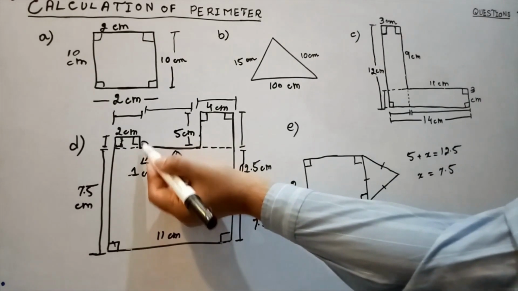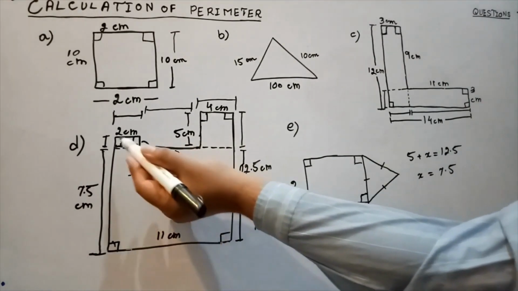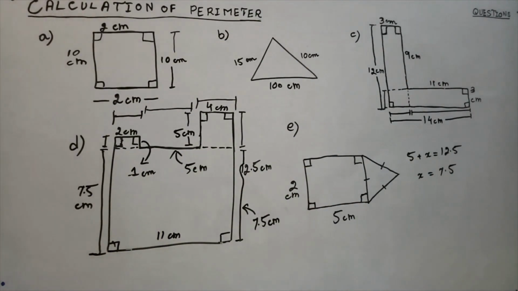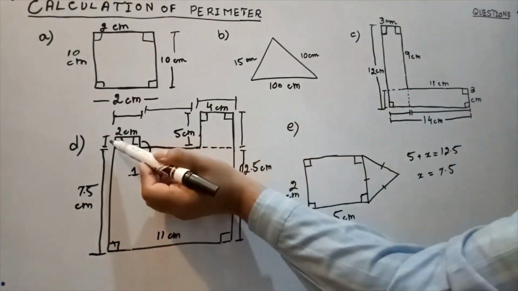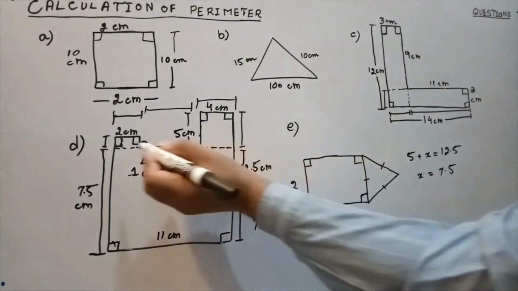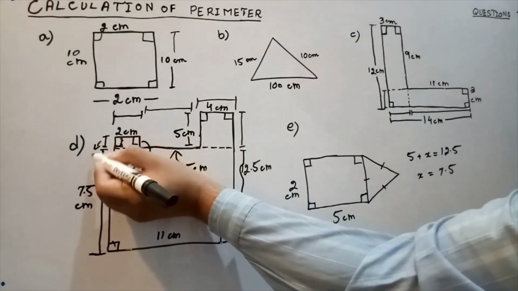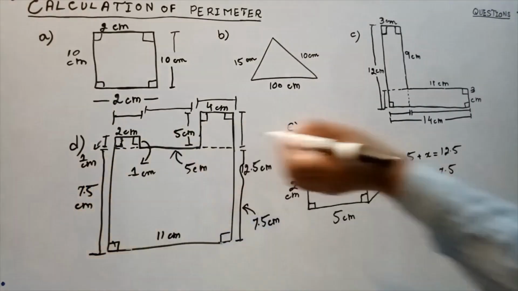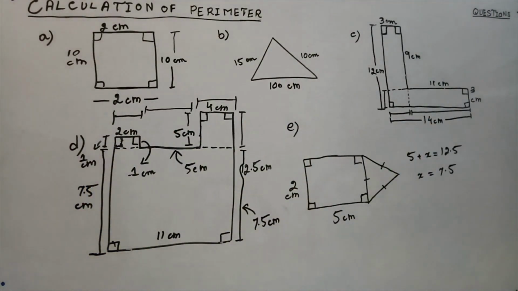So if this one is 1 centimeter, the opposite length will also be 1 centimeter. Clear? Let me write it. It is 1 centimeter.